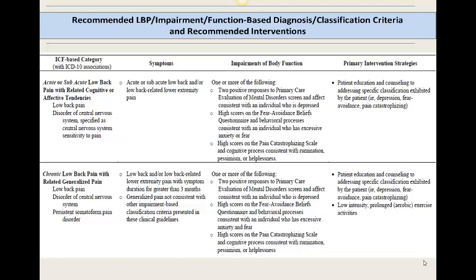These patients again really need education and counseling, whether that be for depression or counseling for fear avoidance beliefs or pain catastrophizing behaviors. These patients may also benefit from low intensity, prolonged aerobic exercise activities. These patients will typically not respond well to higher intensity exercises. They may need lower, more graded exercises.